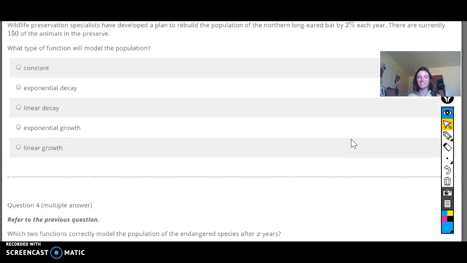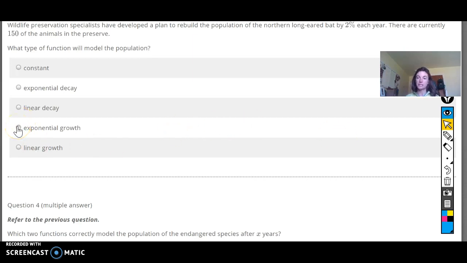Hopefully you can imagine that the next one might be an exponential growth. Wildlife preserve specialists have developed a plan to rebuild the population of northern long-eared bat by 2% each year. There are currently 150 of the animals in the preserve. So this would be modeled by exponential growth.